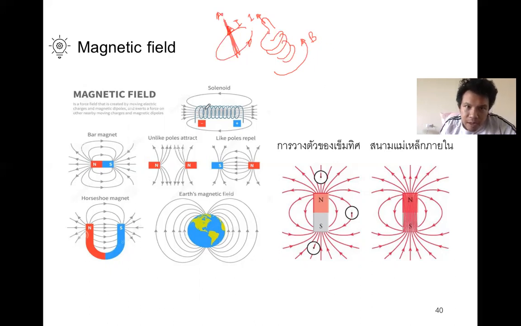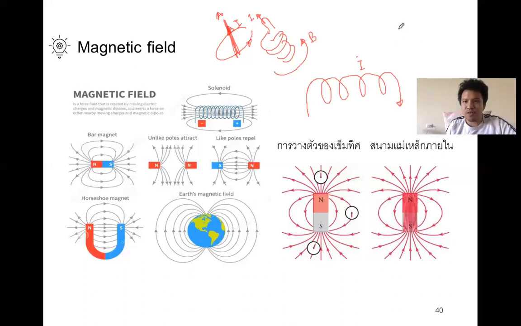But surprisingly, when you consider a different shape of current, if the current is not in a straight line but flows as a solenoid like this, for the direction of the magnetic field you can also use the right hand rule.